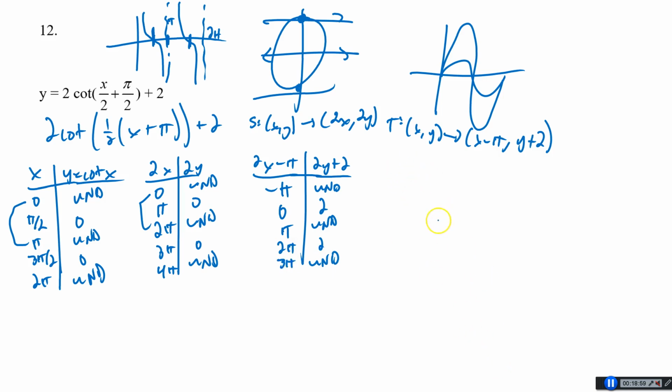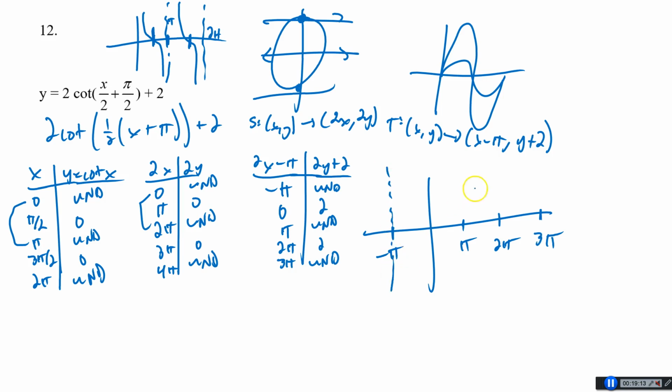All right, well, let's graph it. Let's say negative pi is right here. Here's 0. Here's pi, 2 pi, 3 pi. So the undefineds are at negative pi, excuse me, at pi, and at 3 pi.